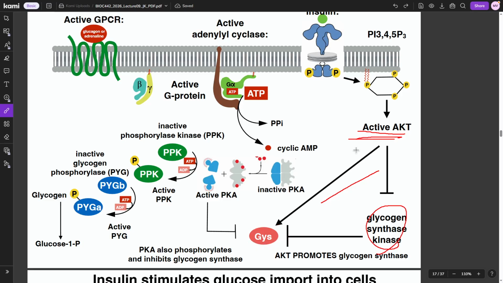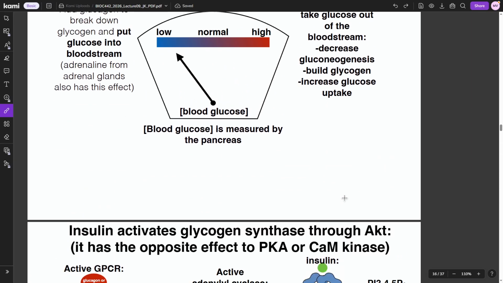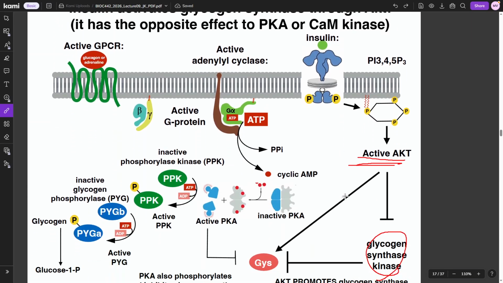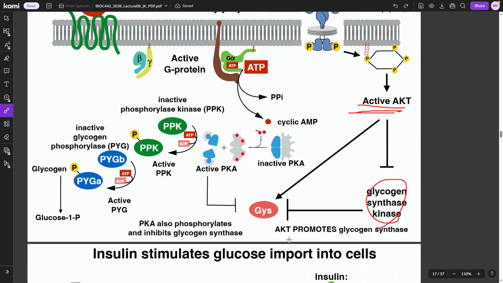I don't think you have to know the in-depth details of how that works. I think it actually might promote transcription of more of these. I'm not too sure though. But yeah, the important thing to know is that active protein kinase B, or AKT, stimulates glycogen synthase and also inhibits glycogen synthase kinase.